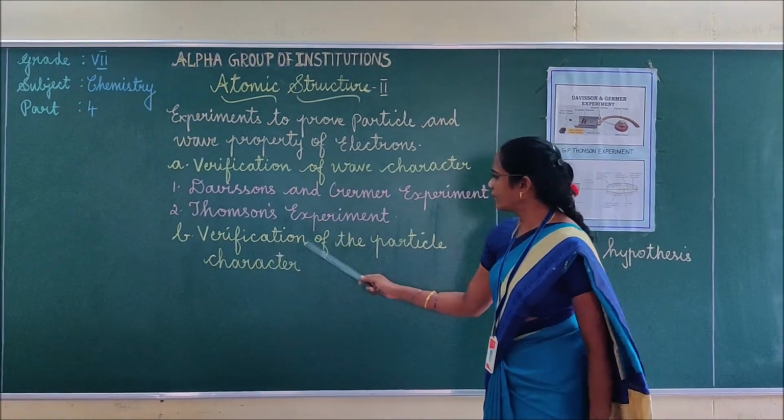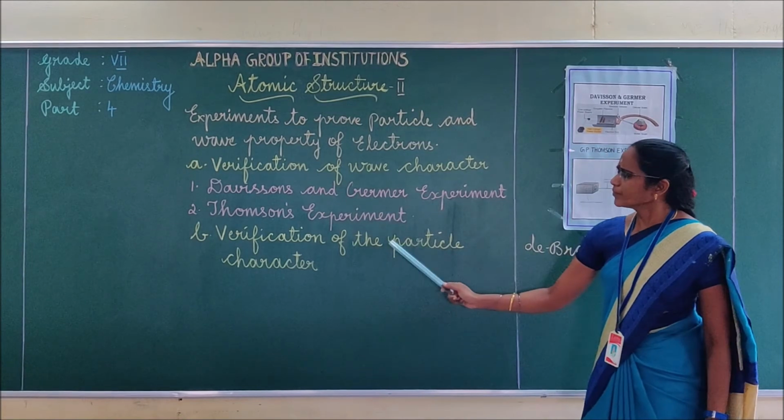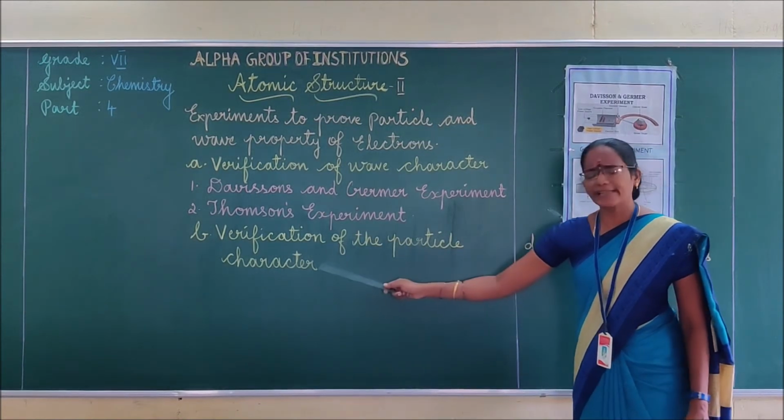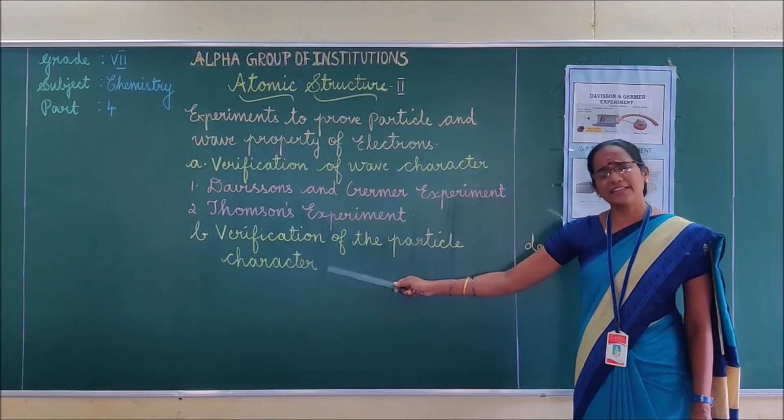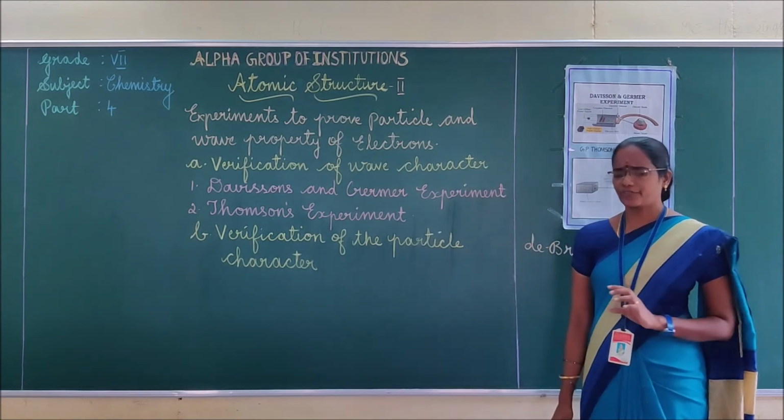Now, verification of the particle character. The particle character of electrons is determined by a few experiments. What's the first one?